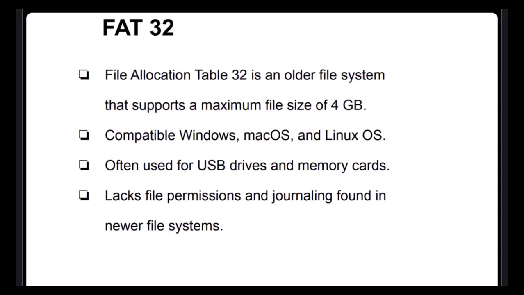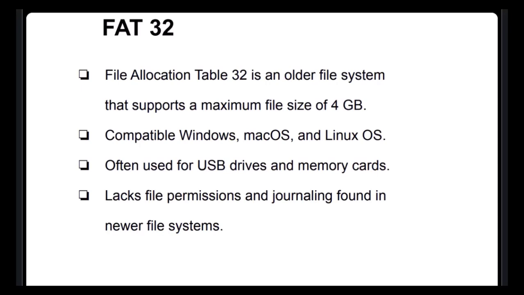FAT32 was a file system that had a maximum file size of 4 gigabytes, used very often with your USB drives, optical discs, and memory cards. FAT32 was phased out because it was very insecure. We did not have the ability to have file permissions or journaling. And because we wanted to have these types of features, that is what upgraded us to new file systems.